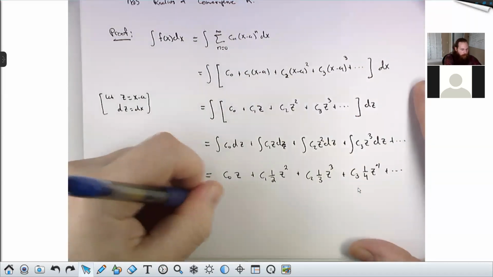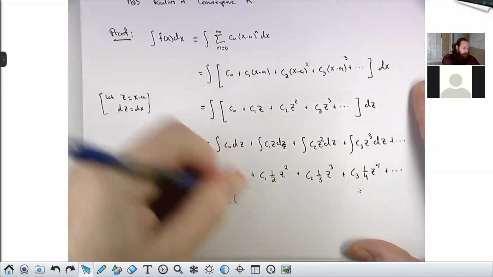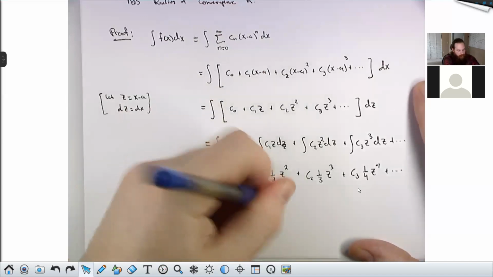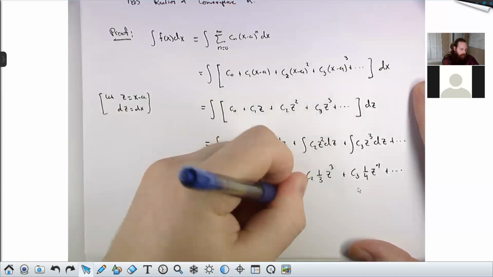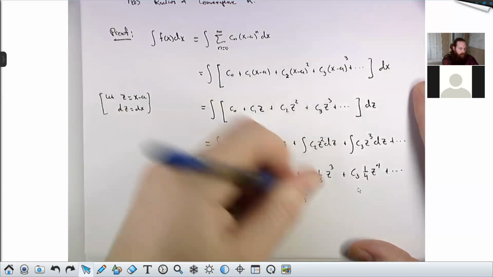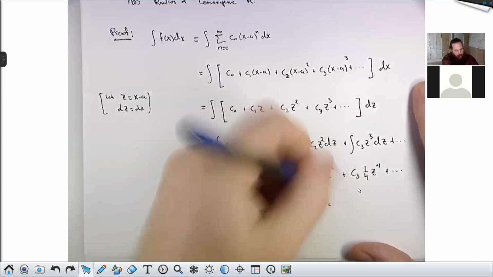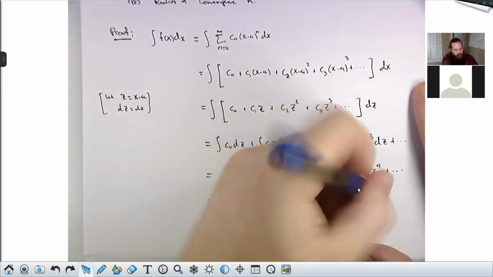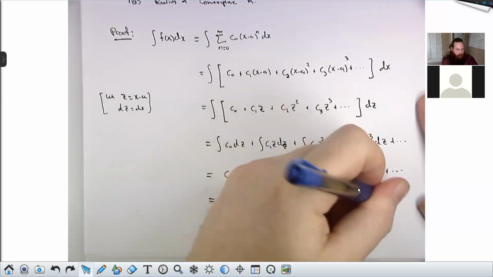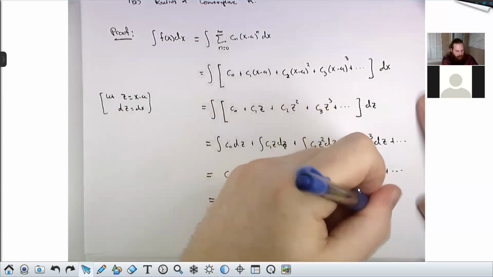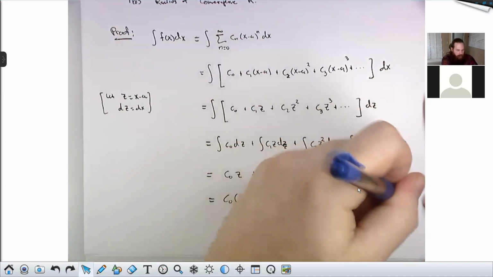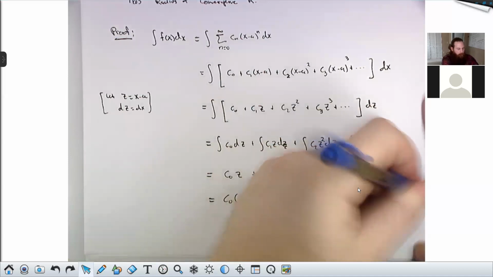And then we go back to our original variable. This is c0, z is x minus a, plus c1 times 1/2 times x minus a all squared, plus c2 times 1/3 times x minus a all cubed, plus c3 times 1/4 times x minus a to the 4 and so on.